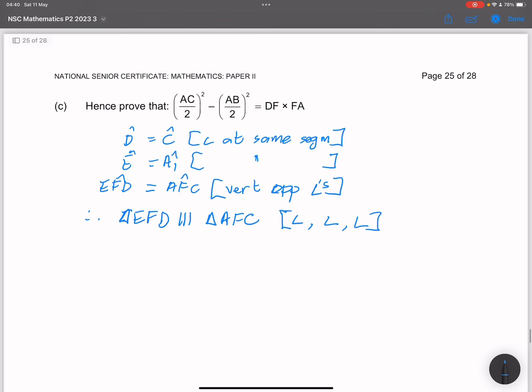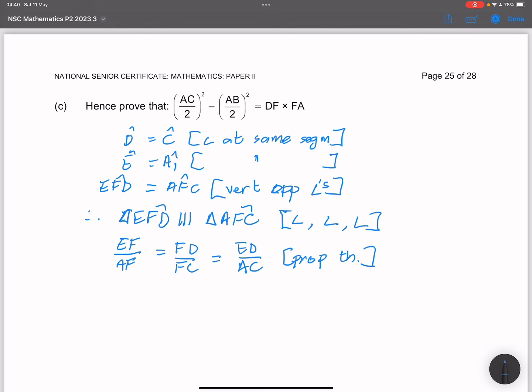So we're going to use the proportionality theorem again. So I'm going to say EF over AF is equal to FD over FC. All right, and this is equal to ED divided by AC. Now this is going to be the prop theorem.